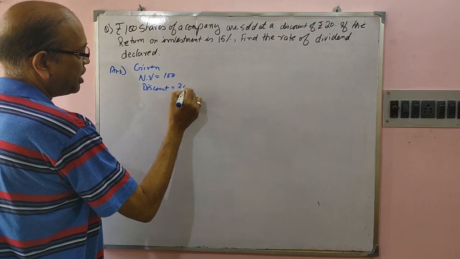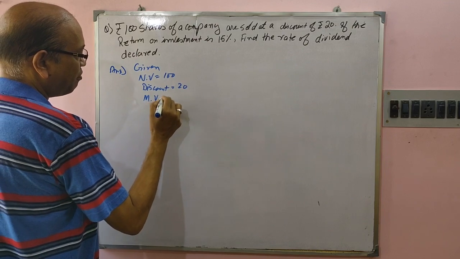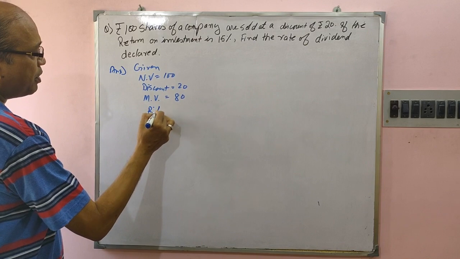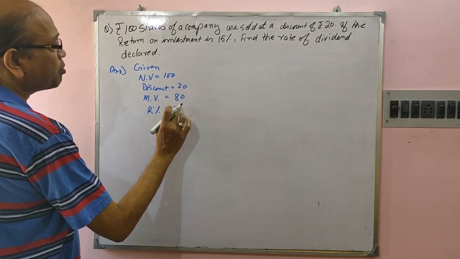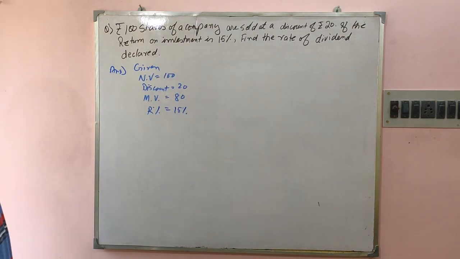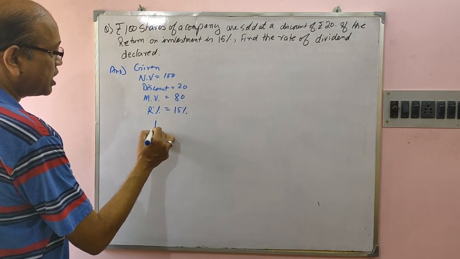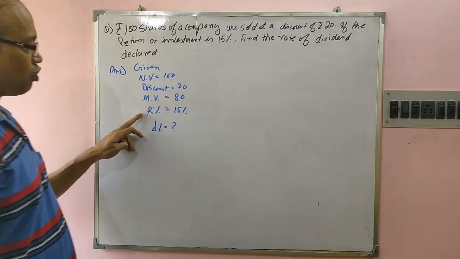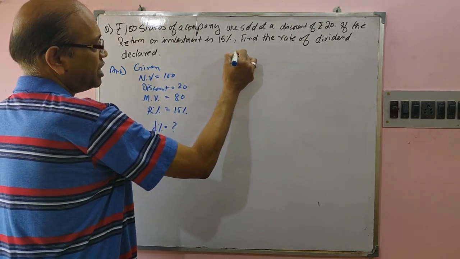Discount 20, therefore market value is 80, and return percent is 15%. We have to calculate D percent.